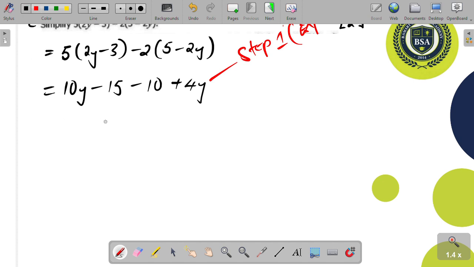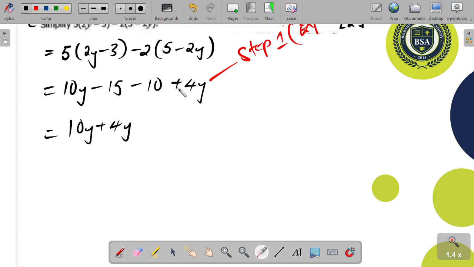Okay, so we continue. Equals. Okay, so the second step here, we have to collect the like terms. That's the second step, collecting the what? The like terms. You can see we have 4y and then we have 10y. So these are like terms. Even here, negative 15 and negative 10, these are like terms. So we are going to first group 4y with what? 10y. So this is how everything will look. 10y positive 4y.